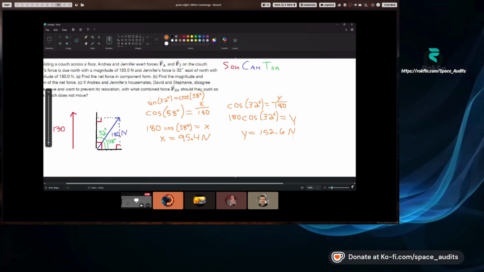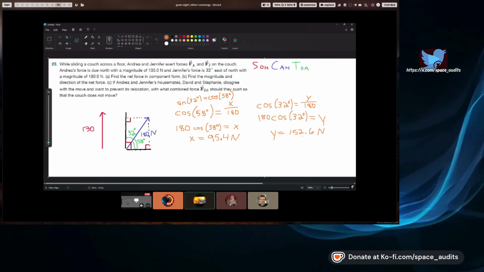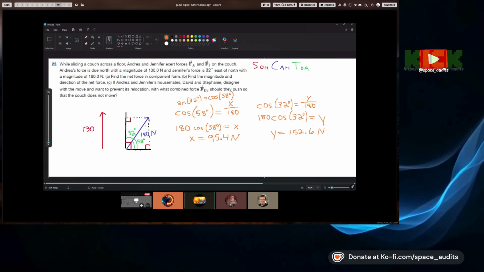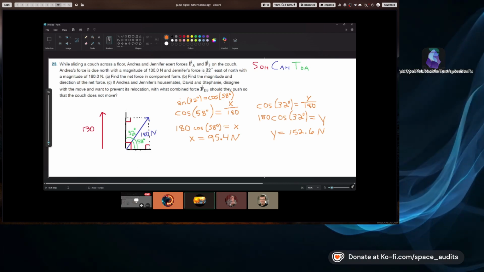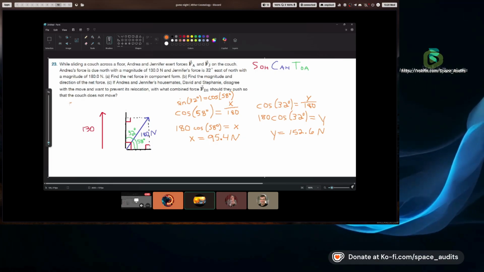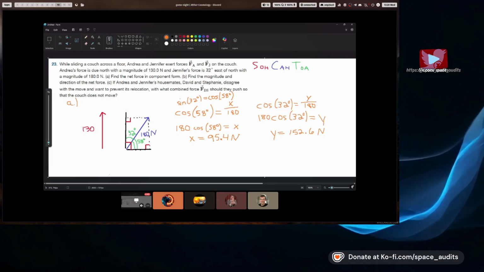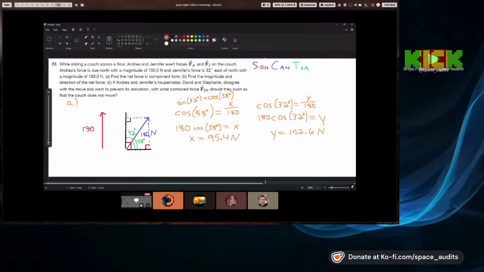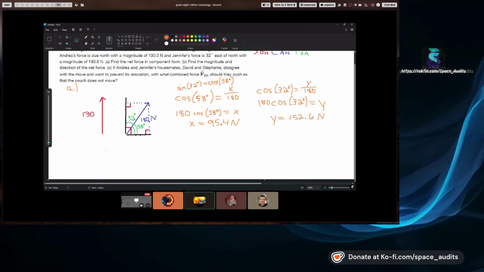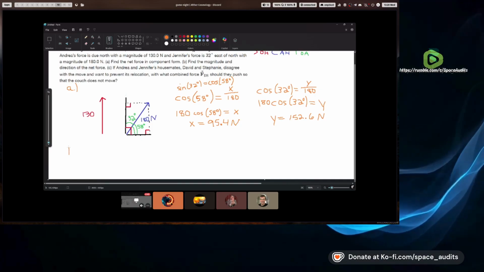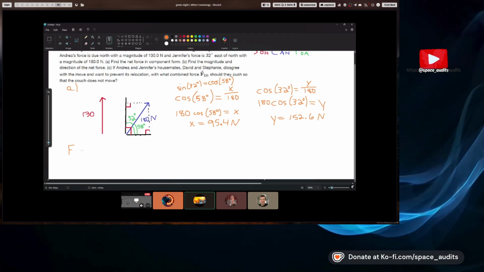newtons. Okay. So now I have an x and a y component for my second force, the force of Jennifer, and I have just a y component for the force of Andrea. So for problem A, for A we're going to say F net, because that's what it's asking for, find the net force in component form.